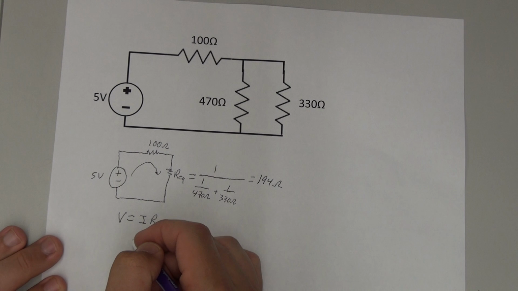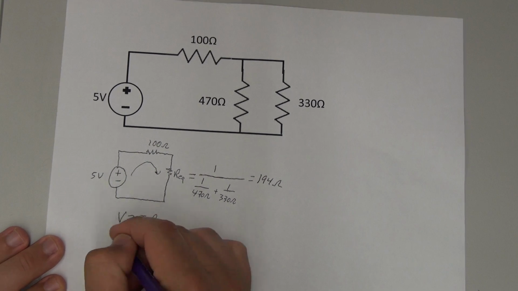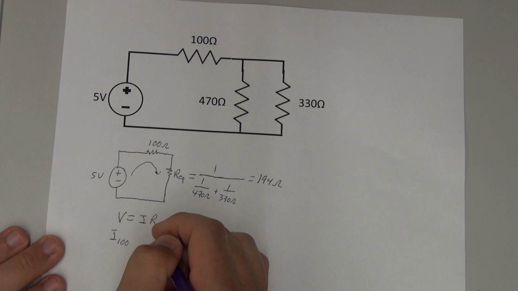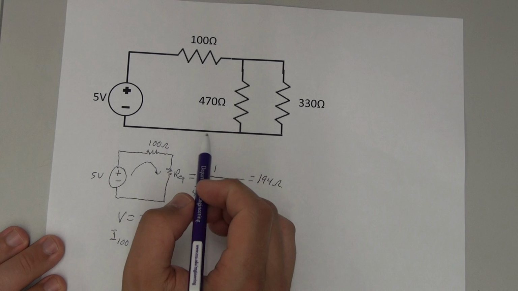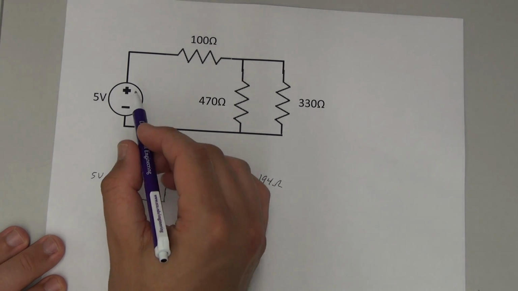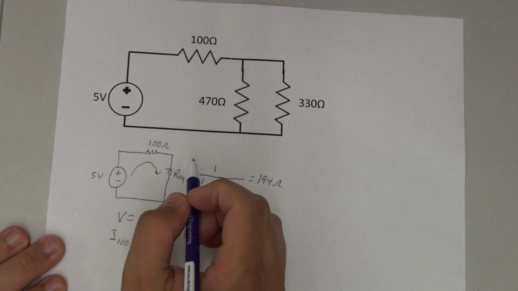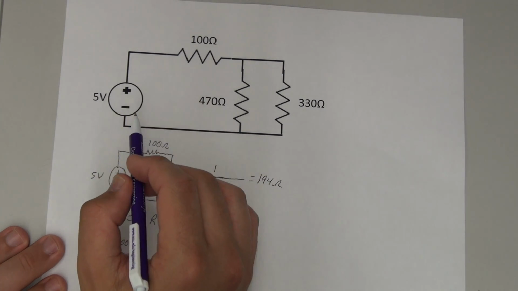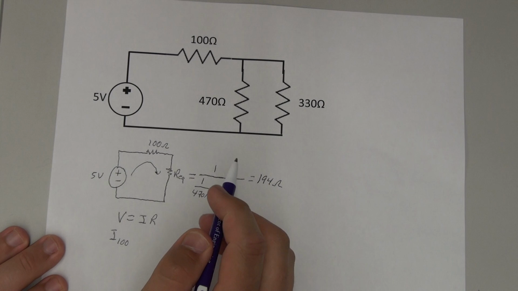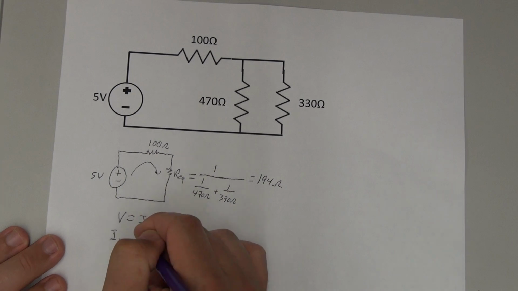And I'm going to go ahead and do a little bit of algebraic manipulation and just say I, and I'm going to call this I100 because that's going to be the current through the 100 ohm resistor in our original circuit. It will also coincidentally be the current through the 5 volt source because the 5 volt source and the 100 ohm resistor are in series. So let's go ahead and write the equation down.